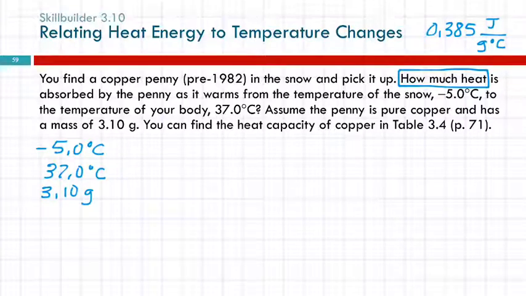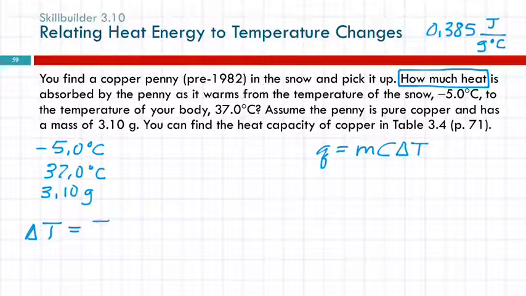The equation we're going to need here is Q equals MC delta T. Delta T is the final temperature minus the initial temperature. Delta T can be positive or negative. If something's getting colder, it's a negative change.